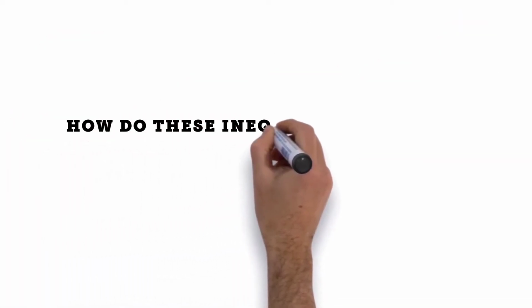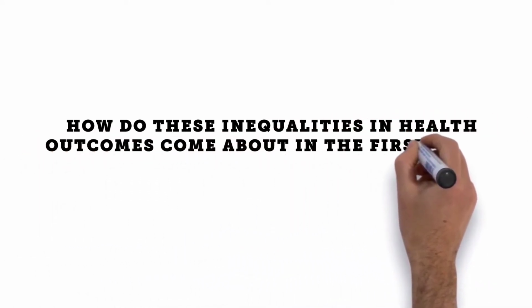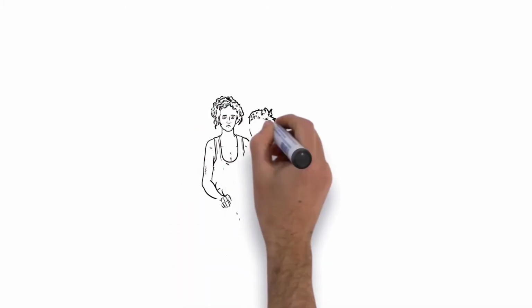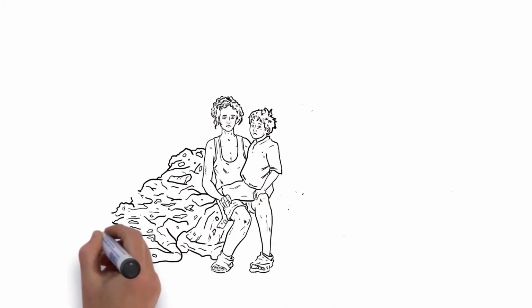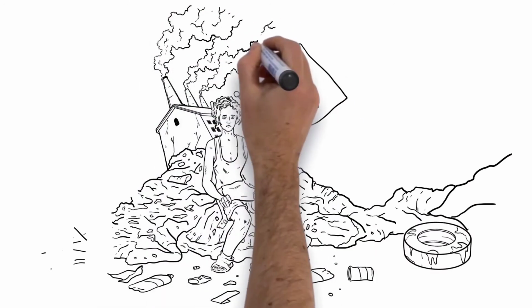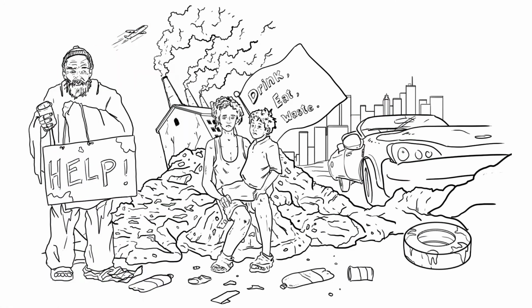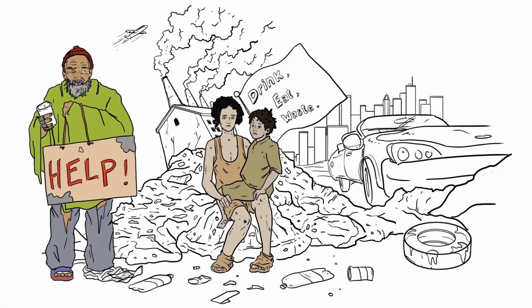So, how do these inequalities in health outcomes come about in the first place? According to the World Health Organization, social determinants of health are mostly responsible for health inequalities, which are both unfair and avoidable.